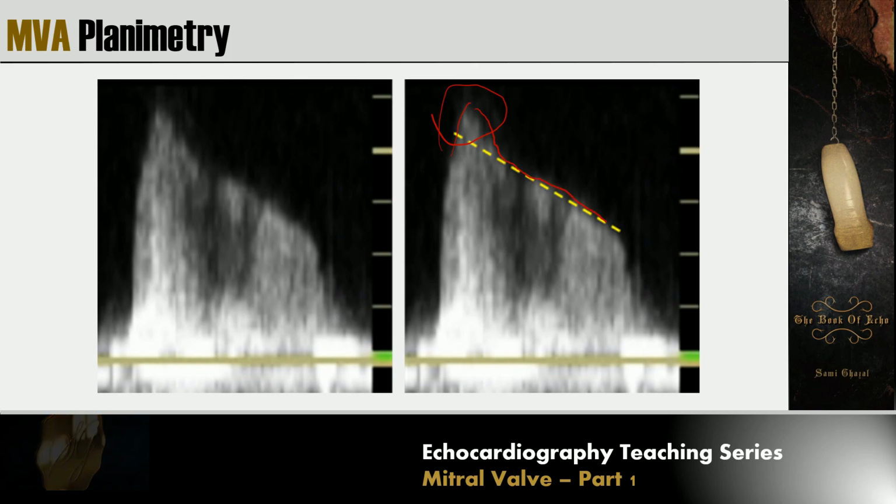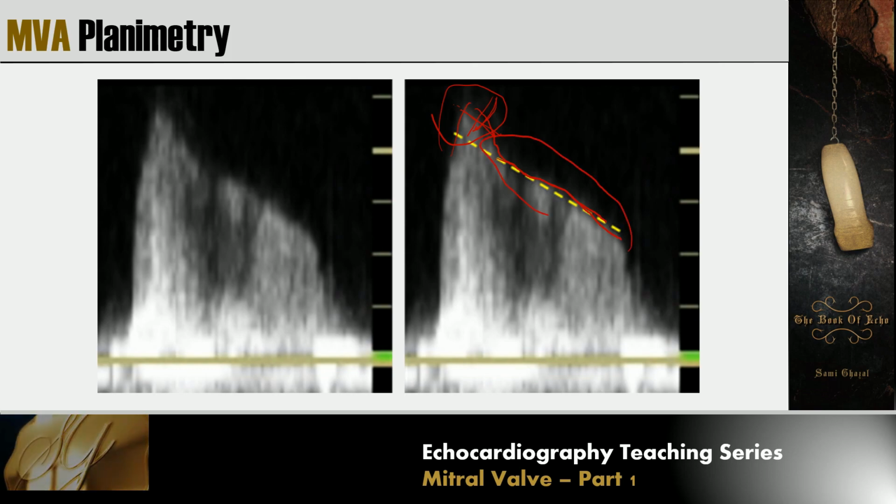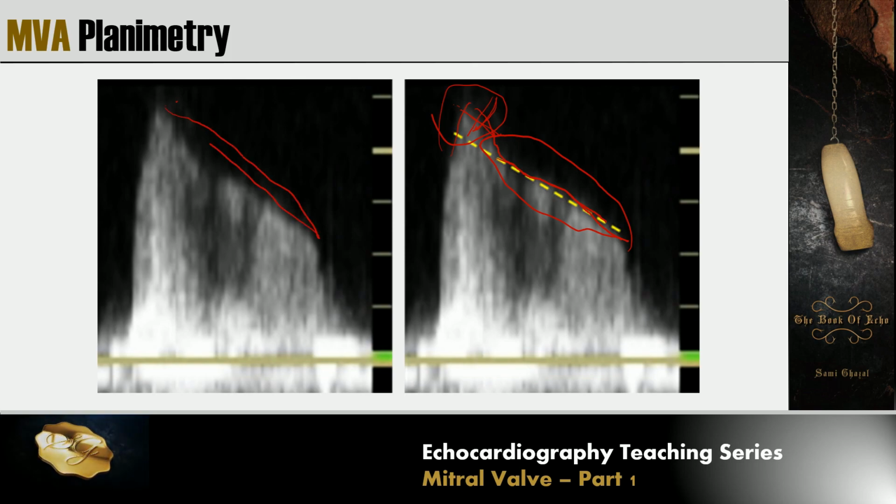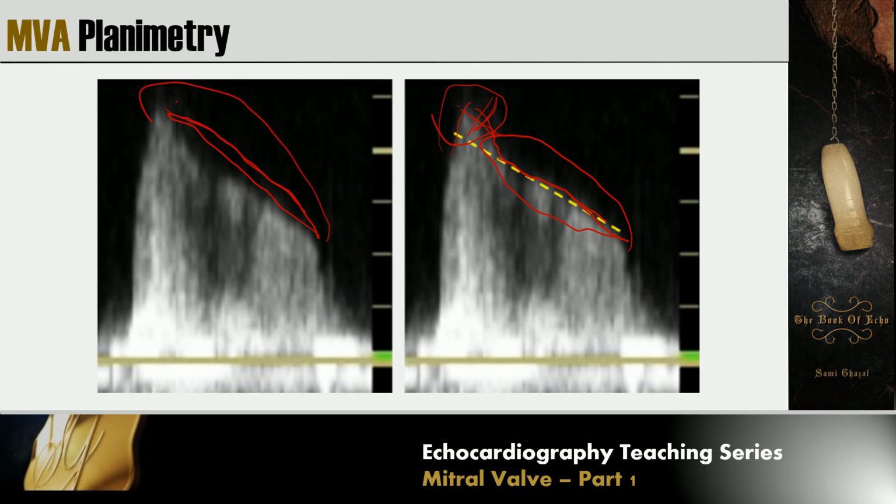So what we need to do to get an accurate pressure half time is to ignore that tip and just take it from after the tip. We measure the pressure half time, and that will be the most accurate measurement of pressure half time and corresponds with the valve area. However, if we took the measurement from the tip all the way down here, that will give us an inaccurate estimation of the valve area.